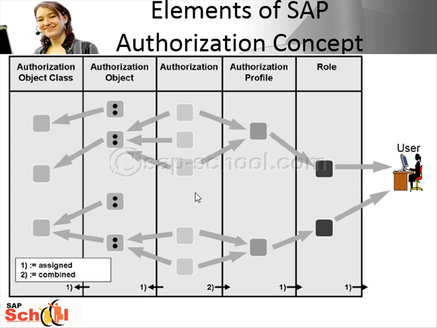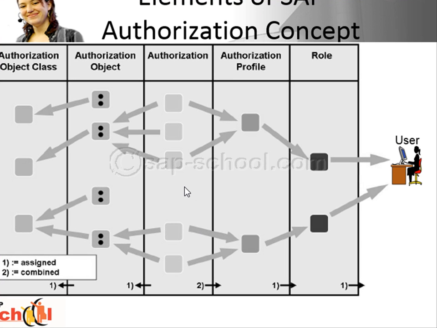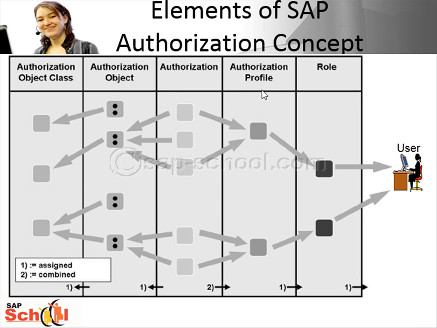So here is how roles and authorizations are implemented at a technical level within SAP. Essentially, you have these authorizations that are combined into an authorization profile that is further combined into a role, and single or multiple roles are then assigned to a user. So let's have a quick look at some of the definitions of these concepts.